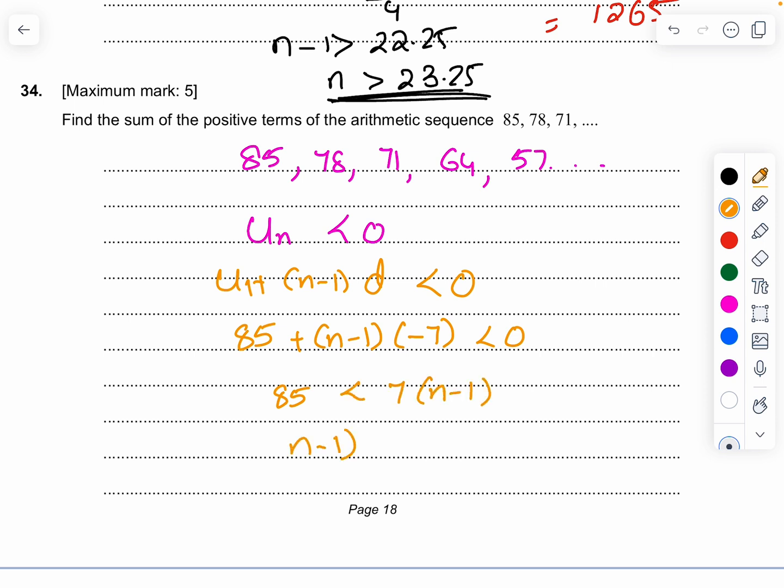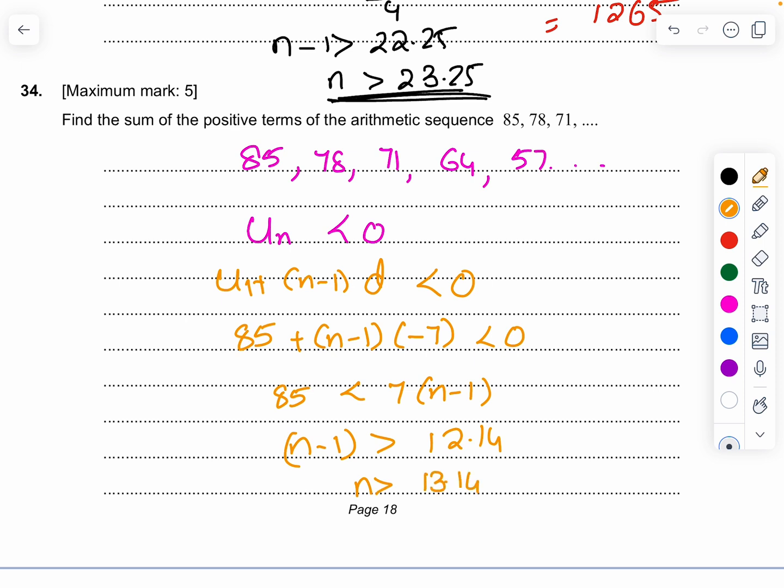So n minus 1 is greater than 85 divided by 7. Is that 15? 85 divided by 7 is 12 point something, not 15, 12.14. So n is greater than 13.14.